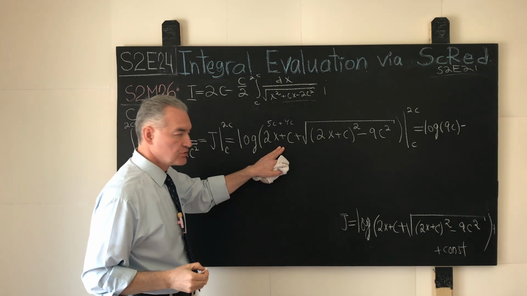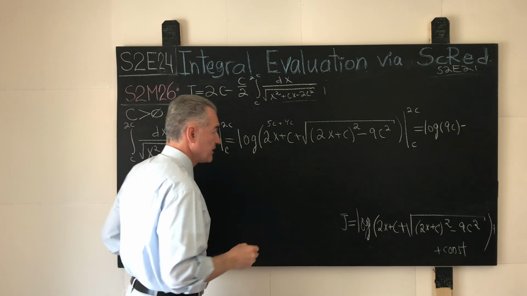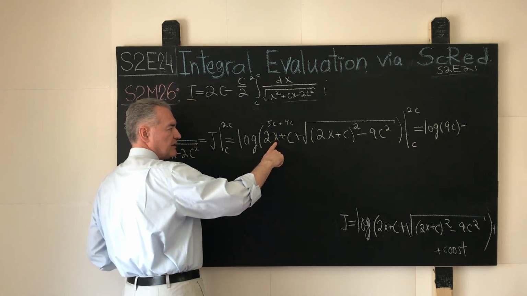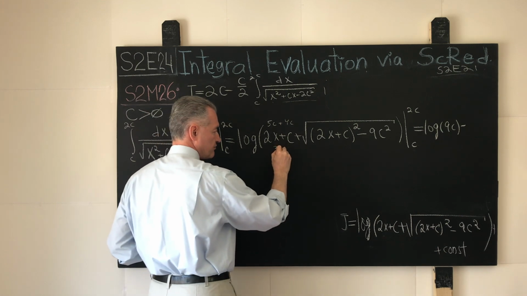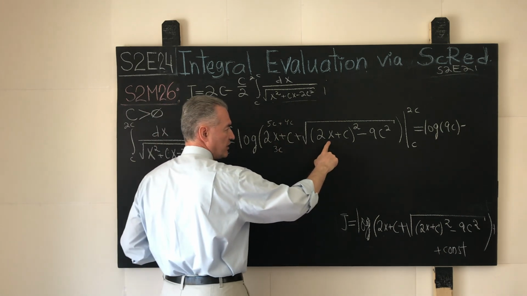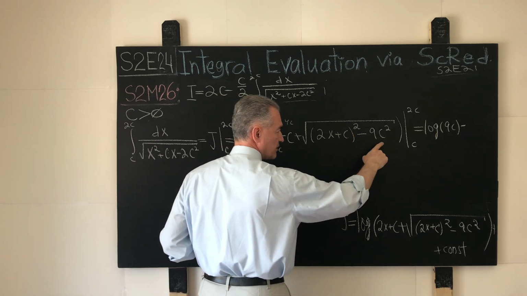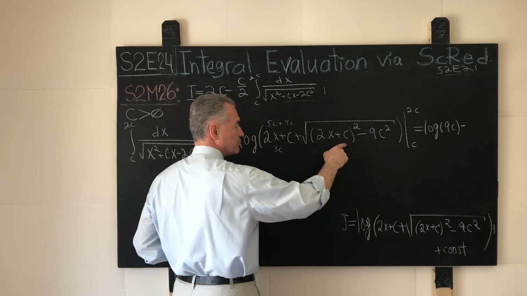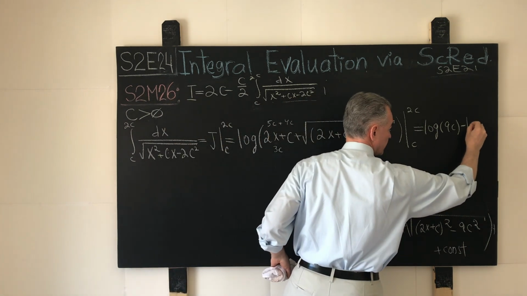Here on the bottom, we'll do our work associated with the lower boundary of c. When x is equal to c, here we have 2 times c is 2c, 2c plus c is 3c. And what do we have here? 3c squared becomes 9c squared. 9c squared minus 9c squared, 0. Square root of 0 is 0. 0 plus 3c is 3c. So we have minus logarithm of 3c.